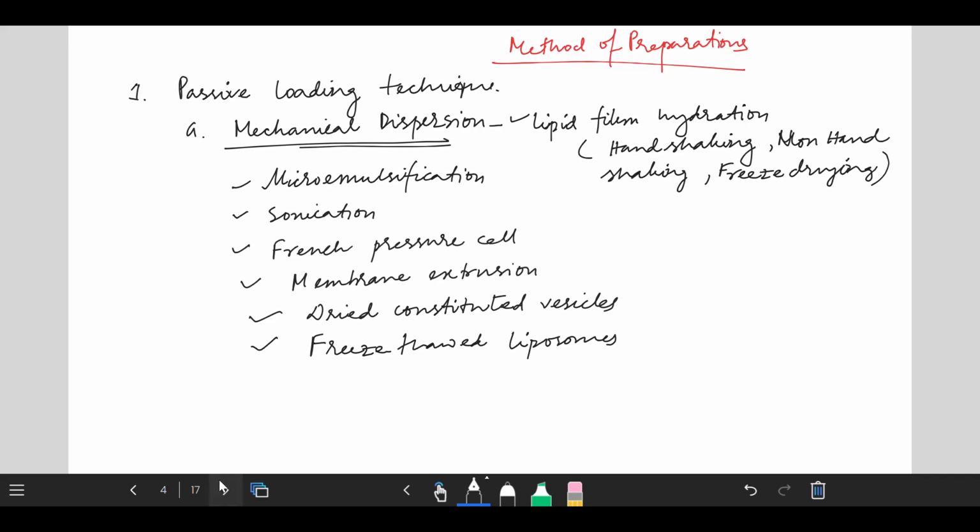Okay. Now we will look at the second, solvent dispersion method, which is another type of passive loading technique. In this solvent dispersion method, what is used?